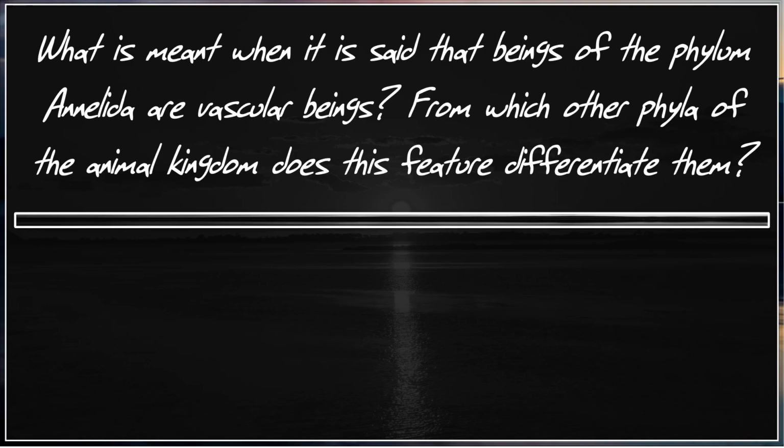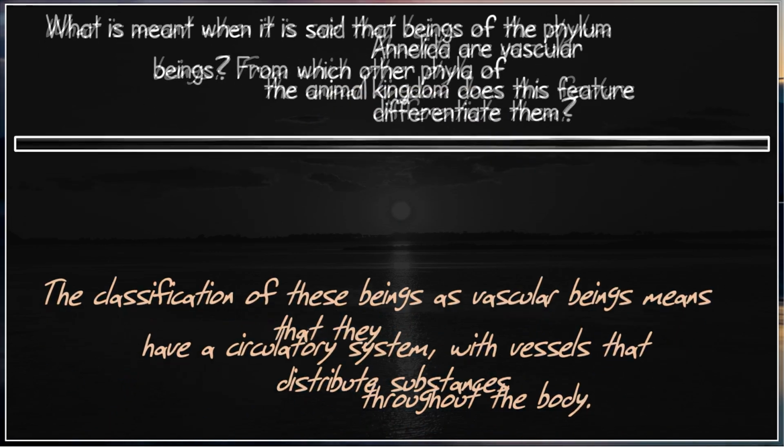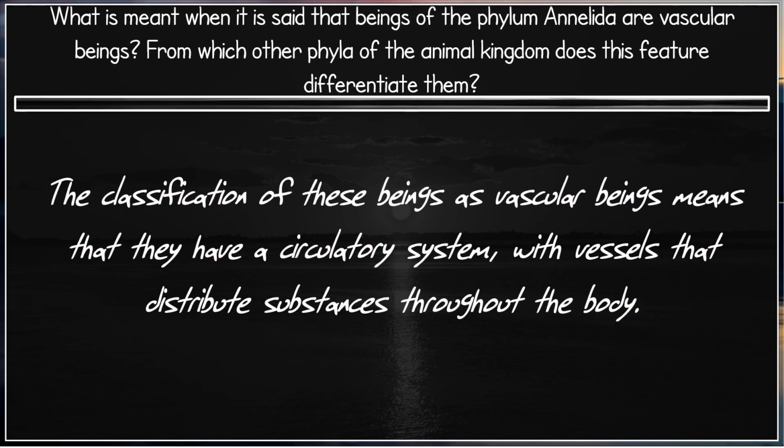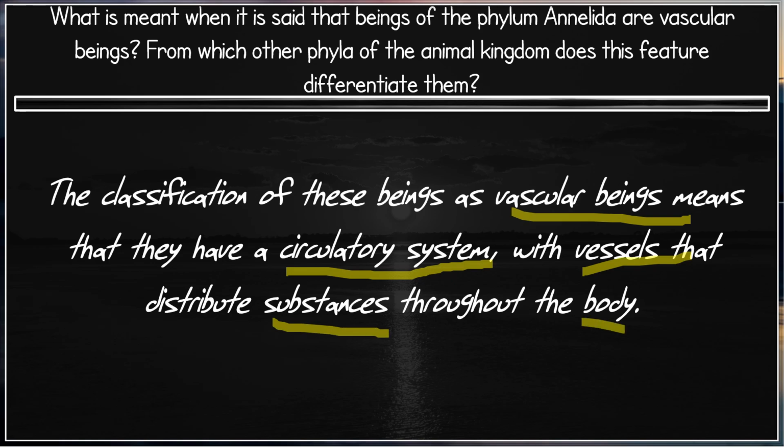What is meant when it is said that the beings of phylum Annelida are vascular beings? From which other phylum of the animal kingdom does this feature differentiate them? The classification of these beings as vascular means that they have a circulatory system with vessels that can distribute substances throughout the body.